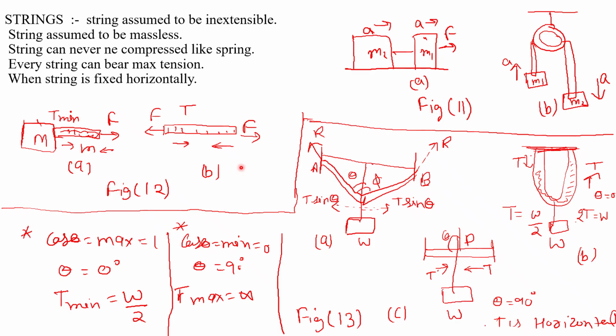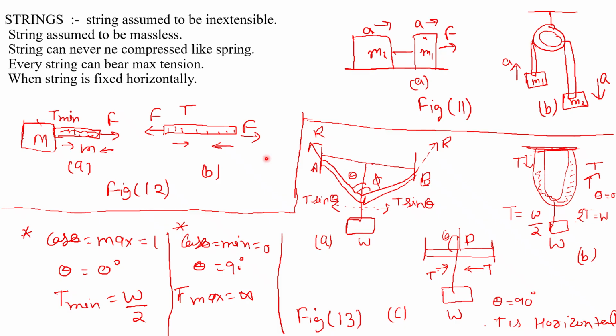The tension thus produced is equal in magnitude to either applied force. This is shown in this figure. That is, T is equal to F and is directed inwards, opposite to F. Here it must be noted that a string can never be compressed like a spring.